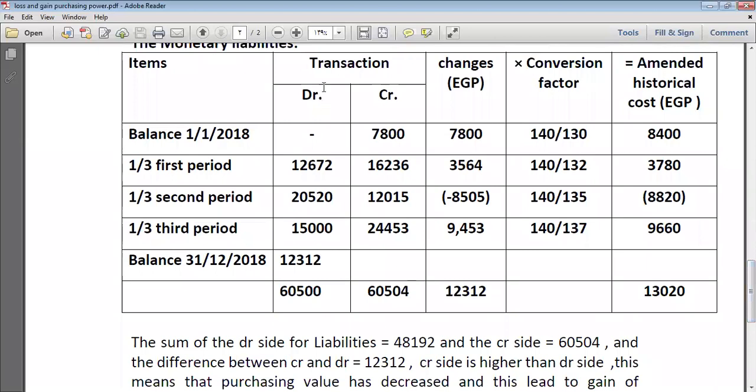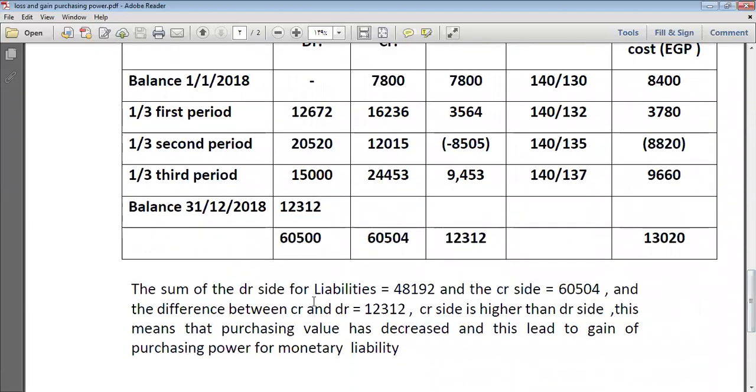Sum the debit side and the credit side. The sum of the debit side for liabilities equal 48,192 and the credit side equal 60,504, and the difference between credit and debit equal 12,312.